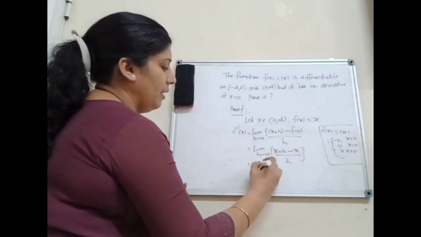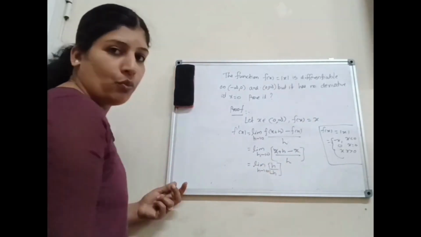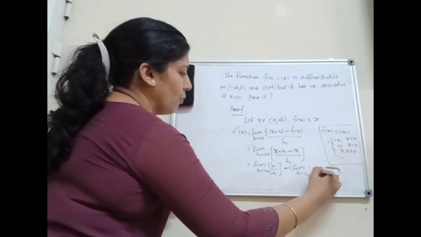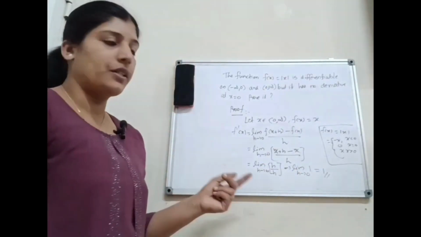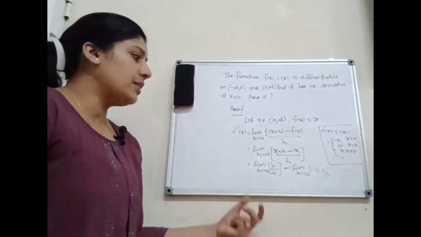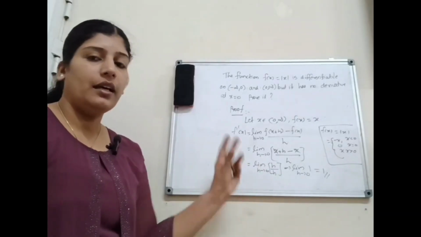That implies limit h tends to 0, h by h. H by h is 1. That implies limit h tends to 0 of 1, which is equal to 1. That is, here f dash of x exists, f dash of x equal to 1 when x belongs to 0 to infinity. That means the given function is differentiable on the given interval.